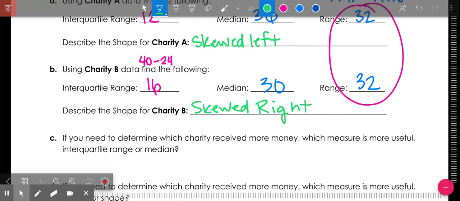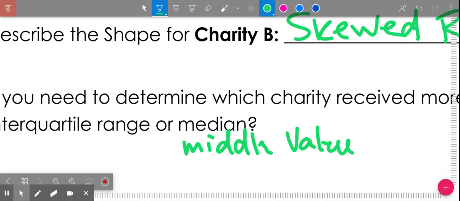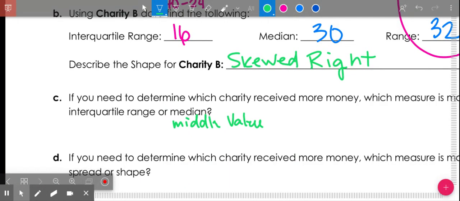All right, if we're trying to figure out who got more money, which is more useful, the interquartile range or the median? Now, the median is like a middle value, right? So it's one of our measures of central tendency.